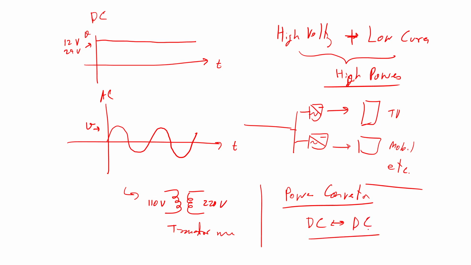Maybe we will go back to using the DC system again with this technology, with the focus on power electronic technology, because we can convert DC voltage more easily than before.